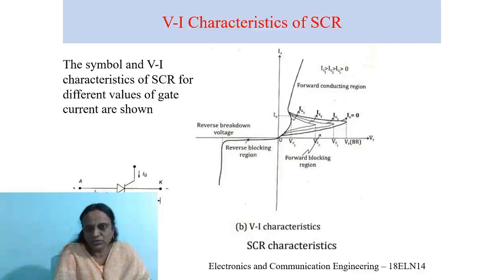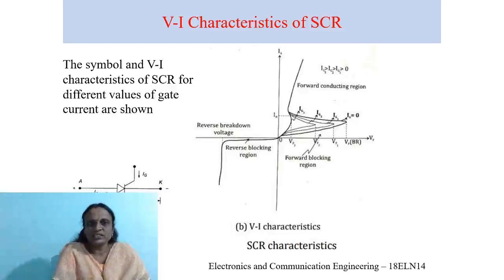Same as what we have shown previously for the different regions of operation, the same explanation holds good in the VI characteristics of an SCR also. You can scroll up to see the regions of operation explanation.